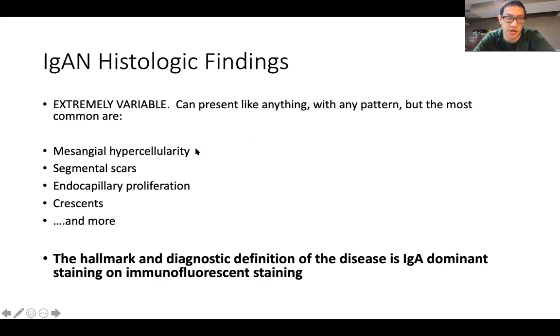So mesangial hypercellularity, segmental scars, endocapillary proliferation, crescents. There can be a lot more. There can be MPGN patterns, there can be TMA patterns, there can be all sorts of weird stuff. But these are kind of like the most commonly found things. And then don't forget that you must have the IgA dominant staining on immunofluorescence to make the diagnosis of IgA nephropathy. So if you don't have IF, you cannot make the diagnosis of IgA nephropathy.